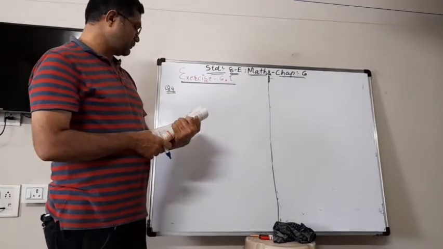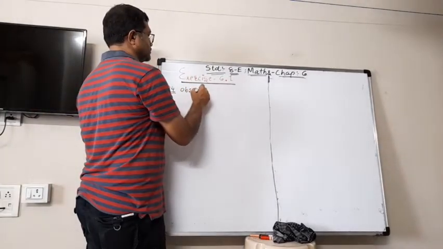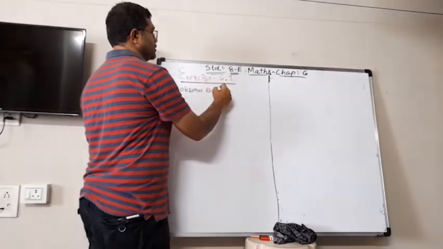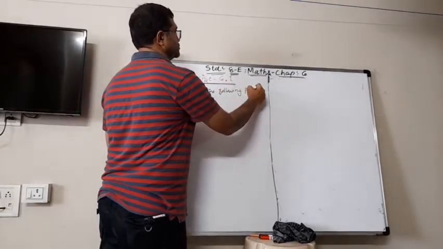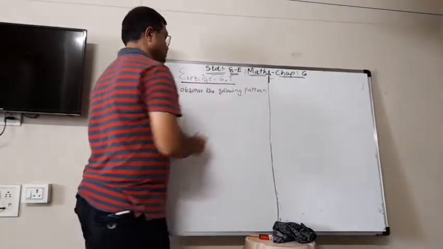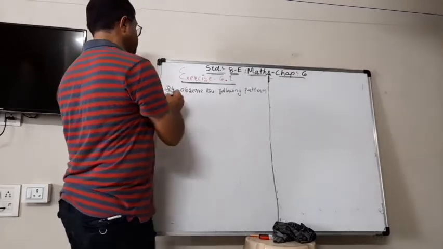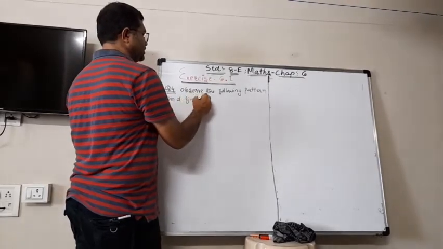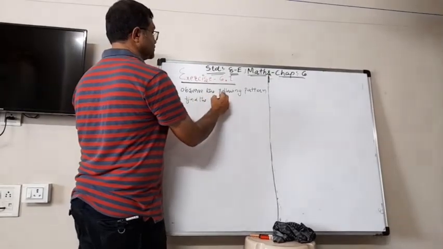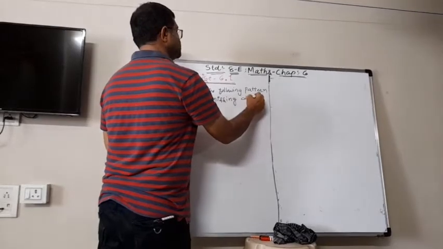Now question number 4. Observe the following pattern and find the missing digits.